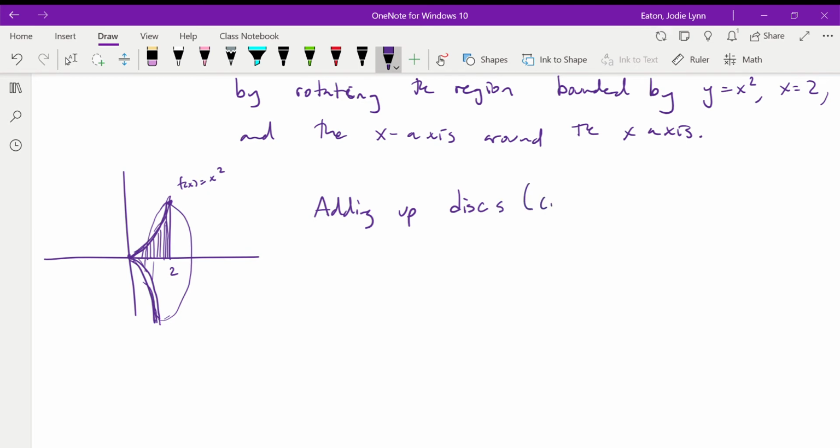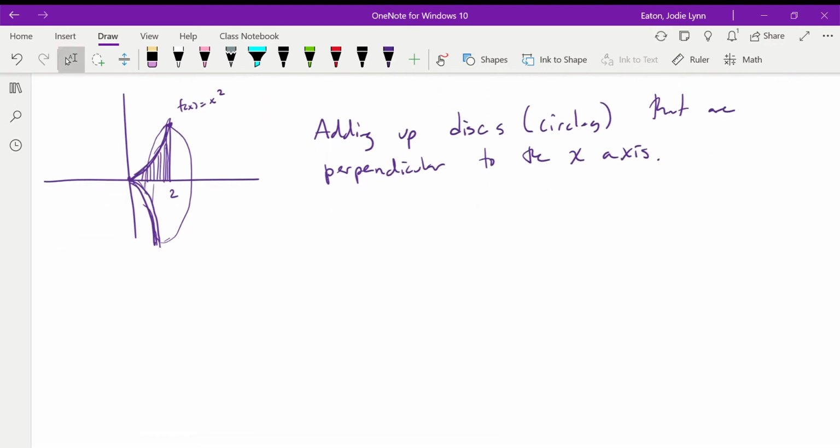Circles that are perpendicular to the x-axis. And so what we want to do is find A of x for our circles, some area as a function of x. So A of x is going to be, of course, pi r squared.